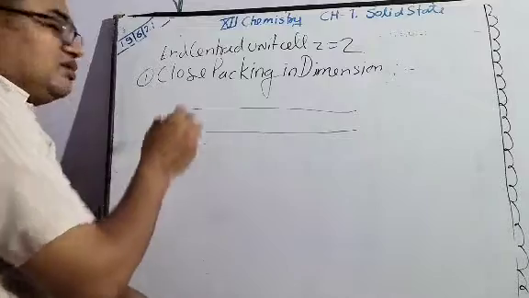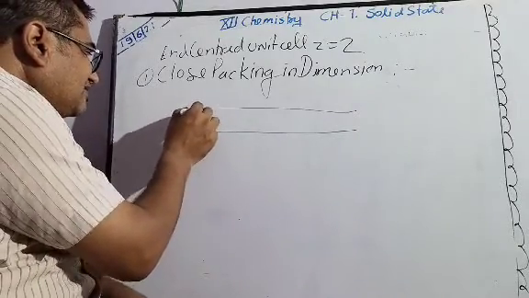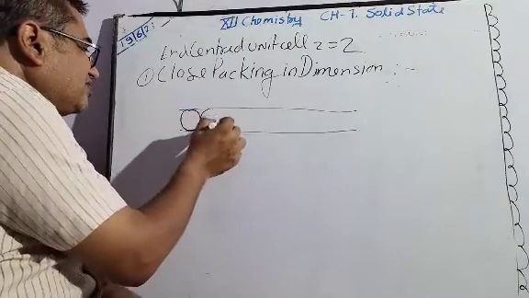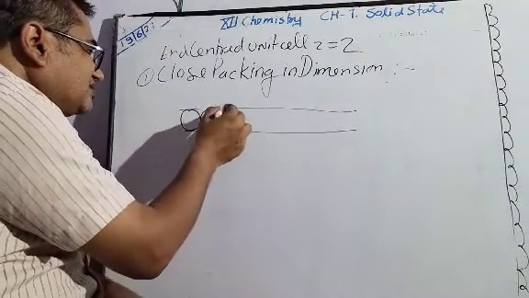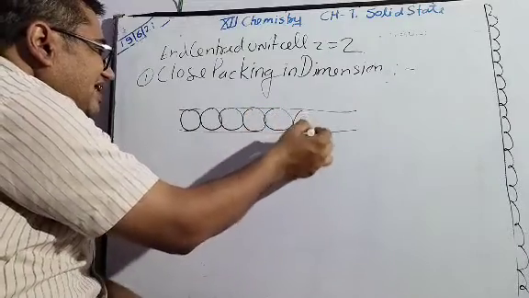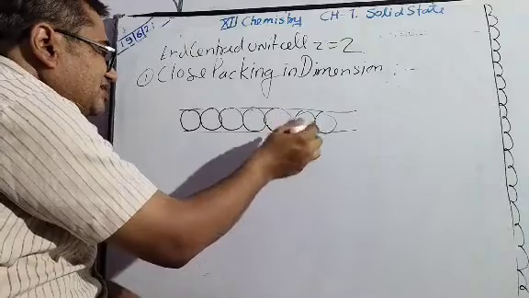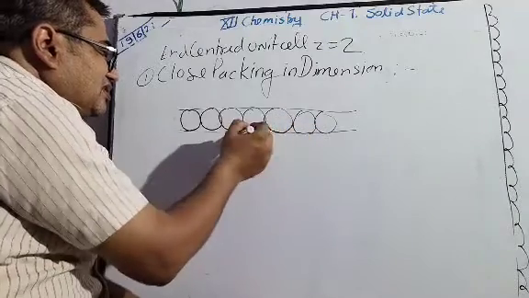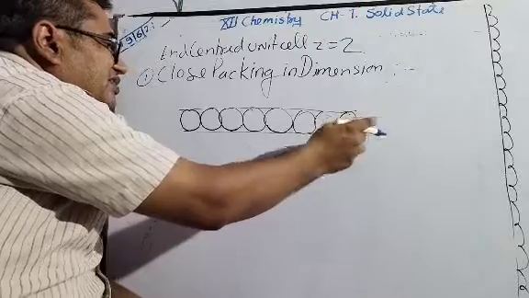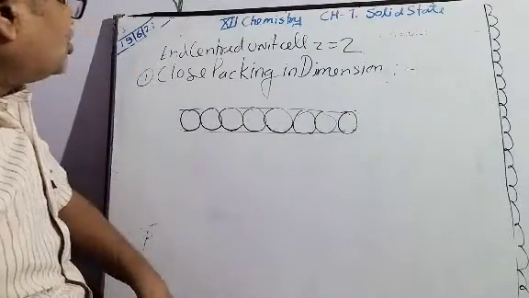If you arrange atoms, or balls, because atoms are considered as spheres, inside a pipe with the correct inside diameter, and these balls are just touching the inside layer of the pipe, this arrangement is called one dimension closed packing.